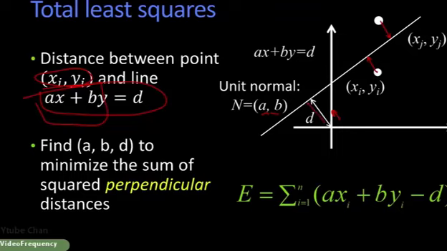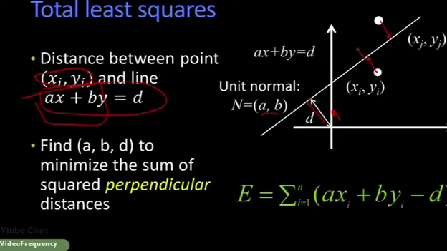That's this distance here as is drawn there. And to the extent to which that point does not lie on that line, that perpendicular distance, as drawn here, is just ax plus by minus d. It's supposed to equal d, so if you subtract d, that's the dot product, and that's the perpendicular distance.